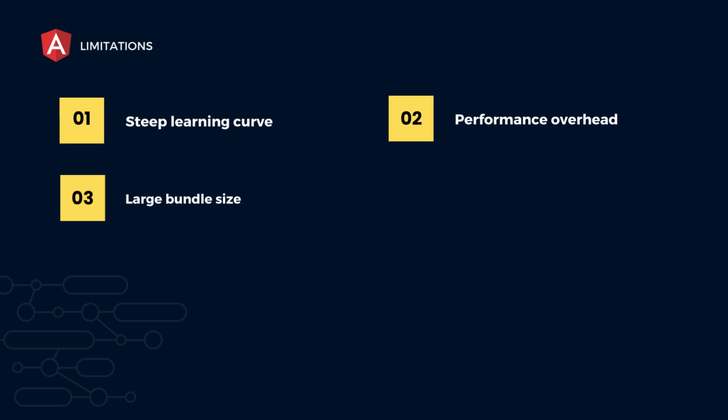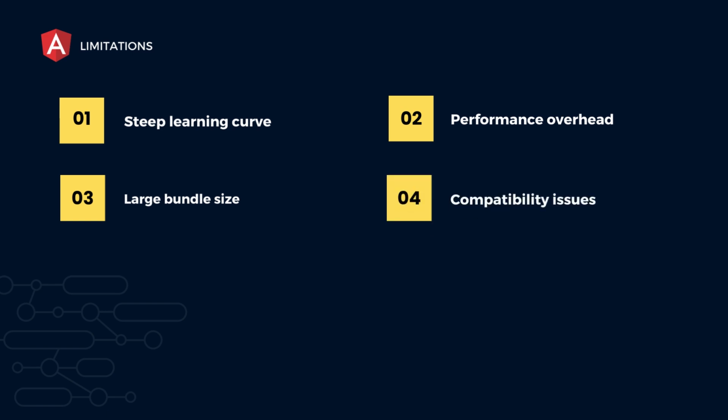Angular's framework and dependencies can result in a large bundle size, which can sometimes impact page load and overall performance. Compatibility issues. Angular's frequent updates and changes can sometimes result in compatibility issues with existing code or third party libraries. Debugging can be challenging. Due to the complexity of Angular applications, debugging can be more challenging compared to simpler frameworks.